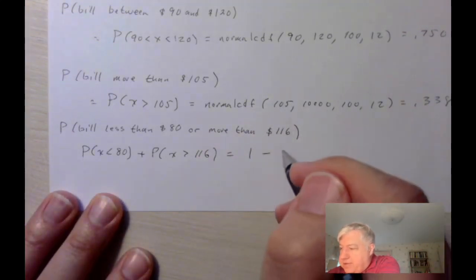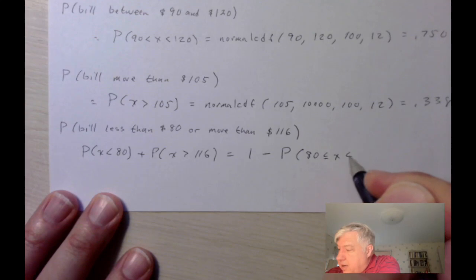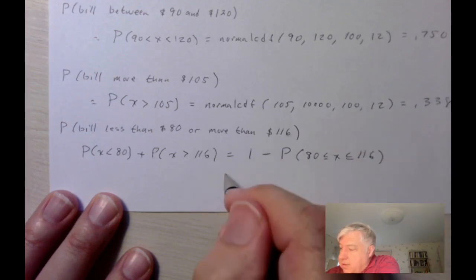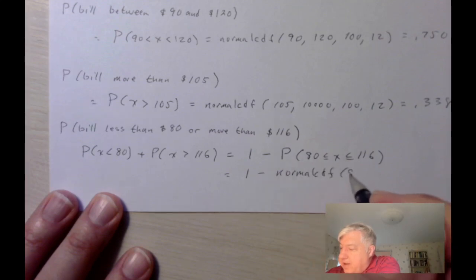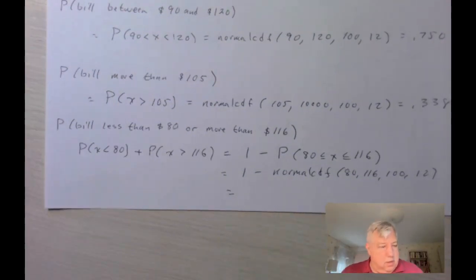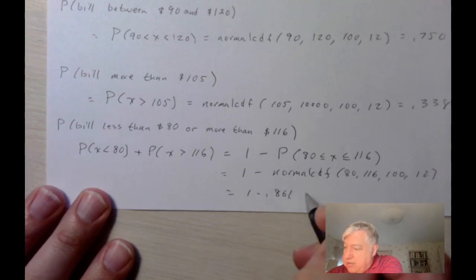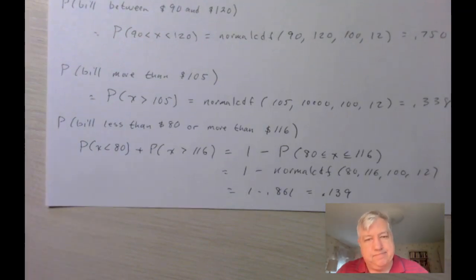So we can actually write this as 1 minus the probability that x is between 80 and 116. So this will be 1 minus normal CDF of 80, 116, 100, 12, which is equal to 1 minus 0.861, so this is 0.139, okay, or about 14% of the bills are less than 80 or more than 116.